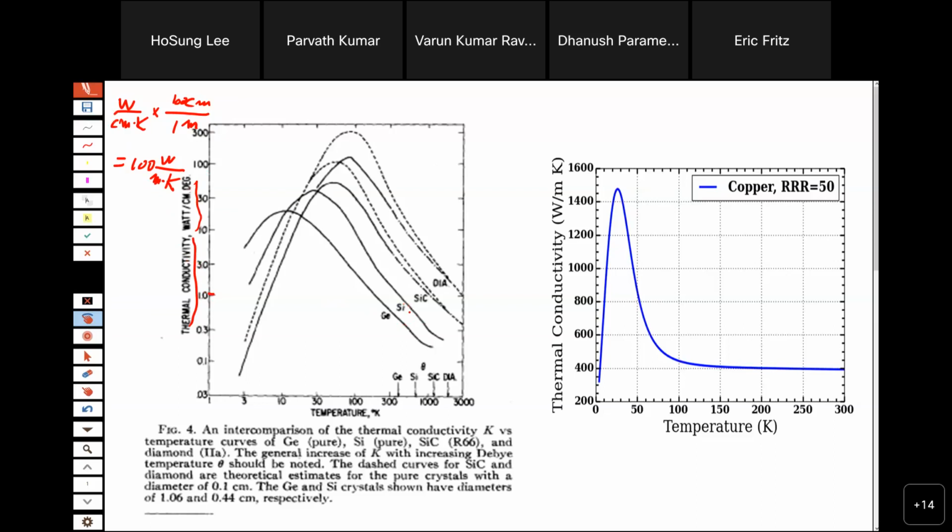Silicon is about 300. Can you read about silicon? What is the thermal conductivity? Can you read it for me?